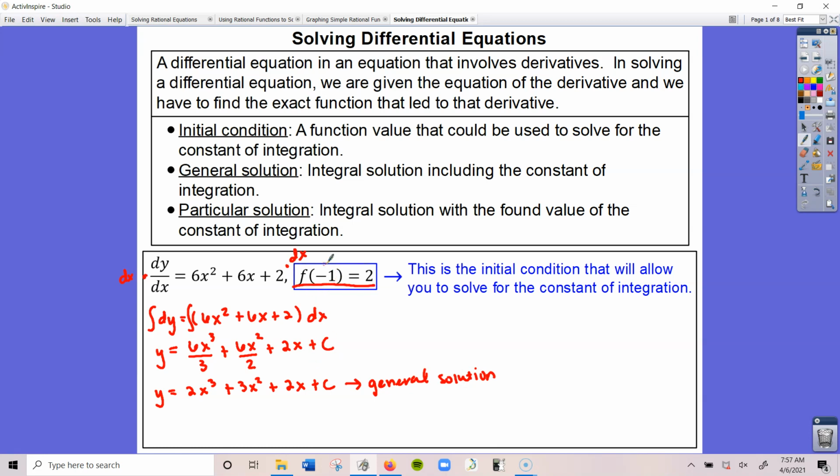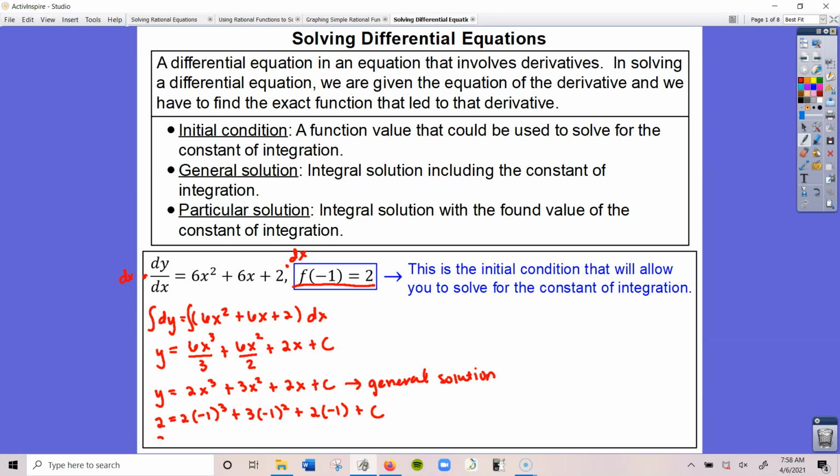We're going to plug in x is equal to -1 and y is equal to 2 so we can solve for c. So 2 is equal to 2 times -1 to the third plus 3 times -1 squared plus 2 times -1 plus c.